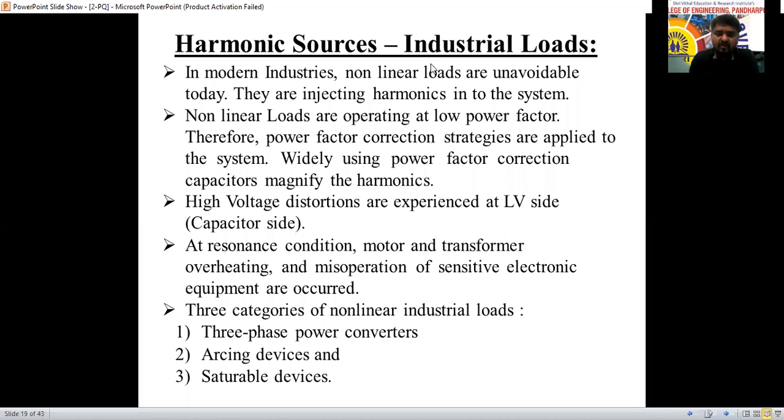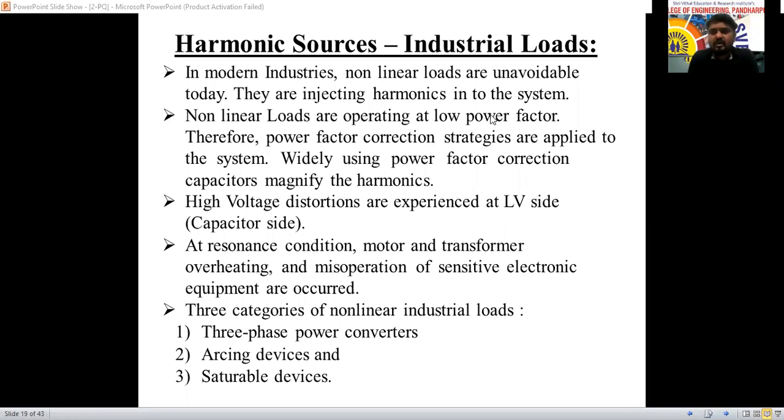It goes down, and for power factor correction we use capacitors again, connecting them on the lower voltage side. The distortion, which is the actual supply plus the harmonics, will affect only the low voltage side, where we connect the capacitor banks at the load side.